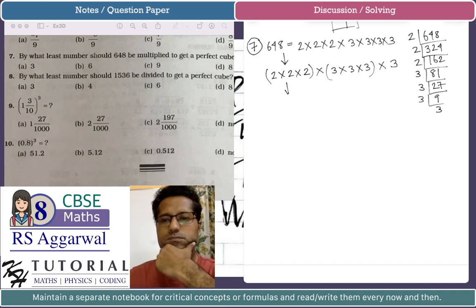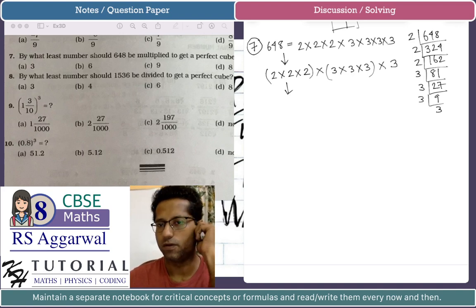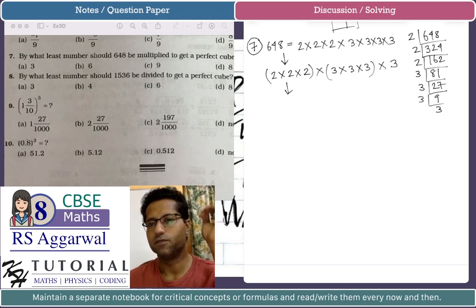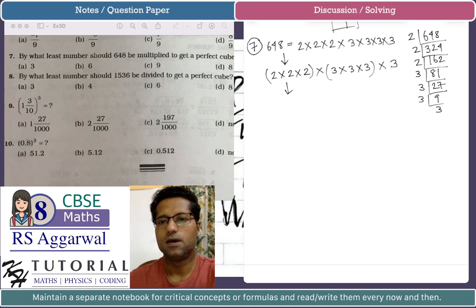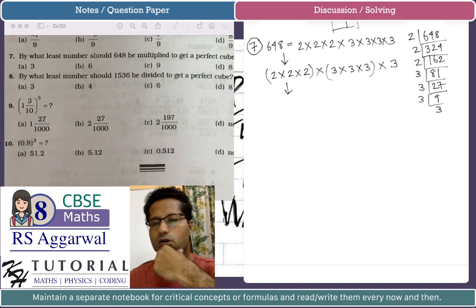Now, if you have watched the video where I discussed how to find the least number that needs to be multiplied or divided with a given number to make it a perfect cube, the steps were: first we find the prime factorization, then we form the triplets from the prime factors, and then we identify all those factors which are not part of any triplet.